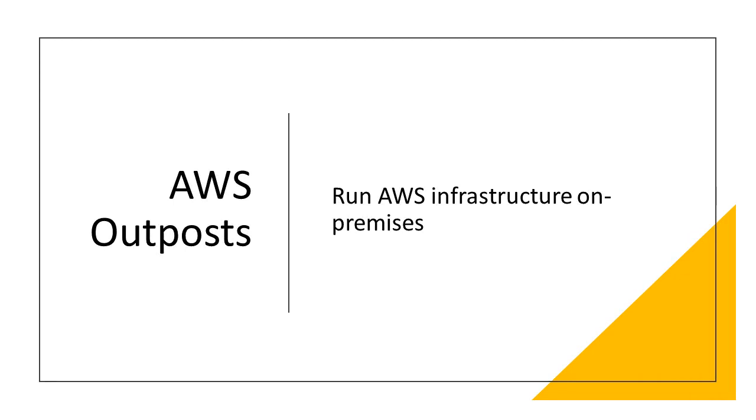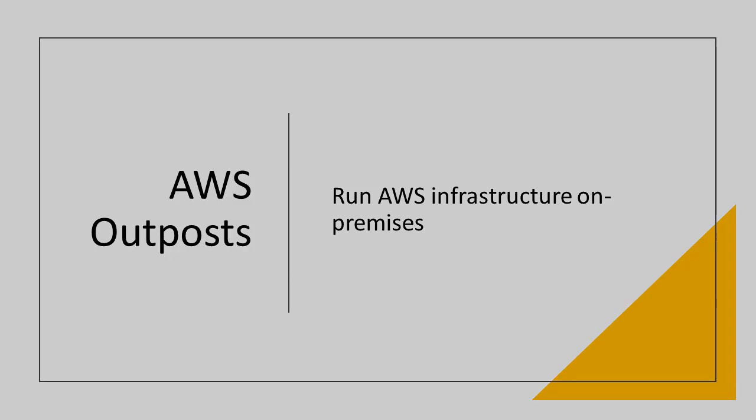AWS Outposts is a fully managed service that offers the same AWS infrastructure, AWS services, APIs, and tools to virtually any data center, colocation space, or on-premises facility for a truly consistent hybrid experience. AWS Outposts is ideal for workloads that require low latency access to on-premises systems, local data processing, data residency, and migration of applications with local system interdependencies.